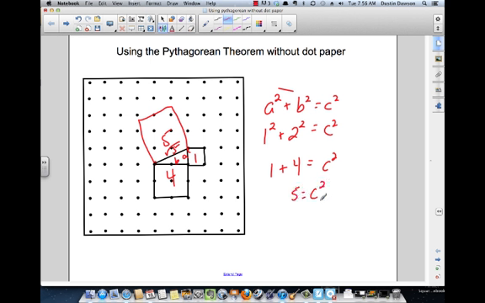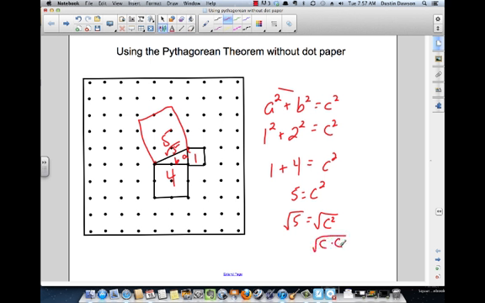That's great, but there is that last step where we have to take the square root of 5. We can do that, no problem. But in equations, if you do something to one side of the equation, you have to do it to the other side. So we have to take the square root of c squared. What does c squared mean? It means c times c.